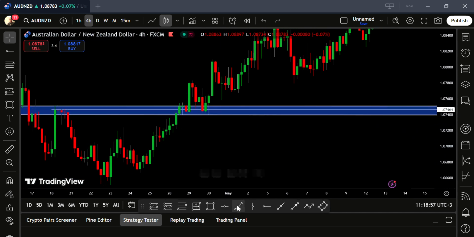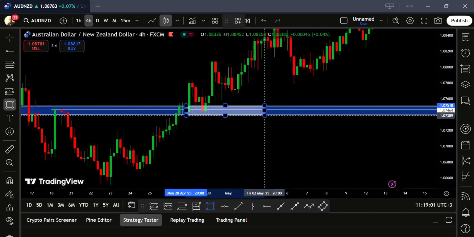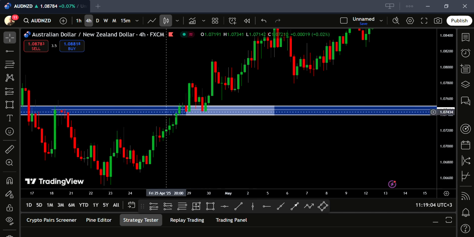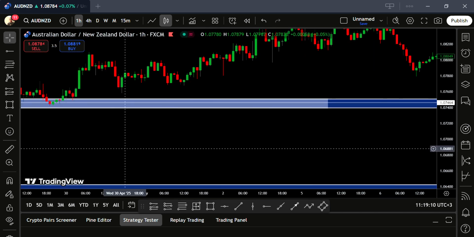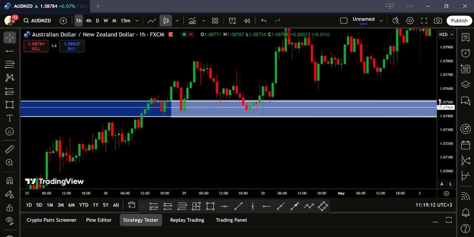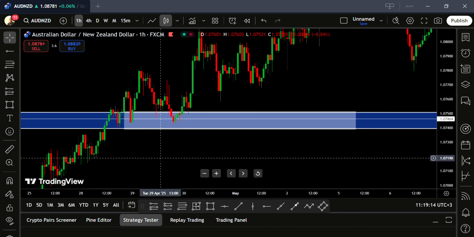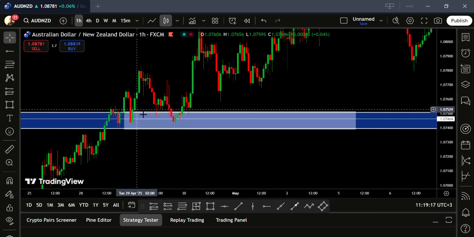The 4 hour. Okay, so we're going to mark this candle that was engulfed up to the last wick of this zone. So now we can drop to the 1 hour after marking clearly. Okay, so this is it.